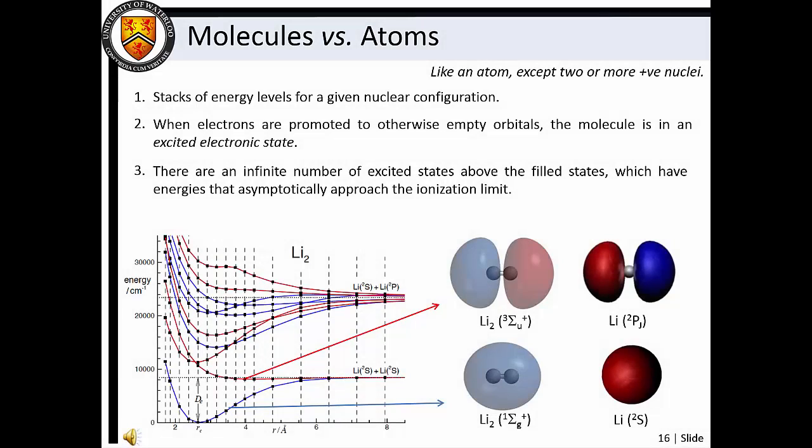We can now use our understanding of many electron atoms to start building up a basic understanding of molecules, since molecules are also many electron systems, but with 2 or more positively charged nuclei. Like atoms, molecules have an infinite number of electronic states that converge to the ionization limit. However, for molecules, the energies of these electronic states vary with nuclear configuration.